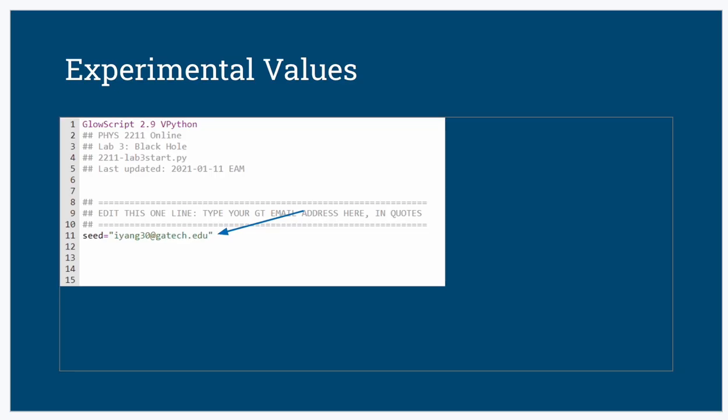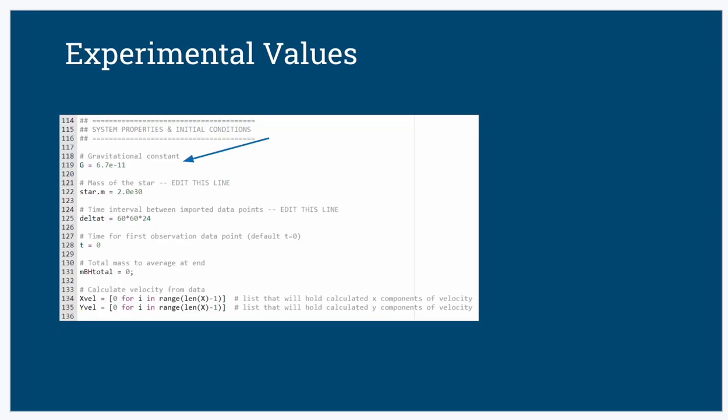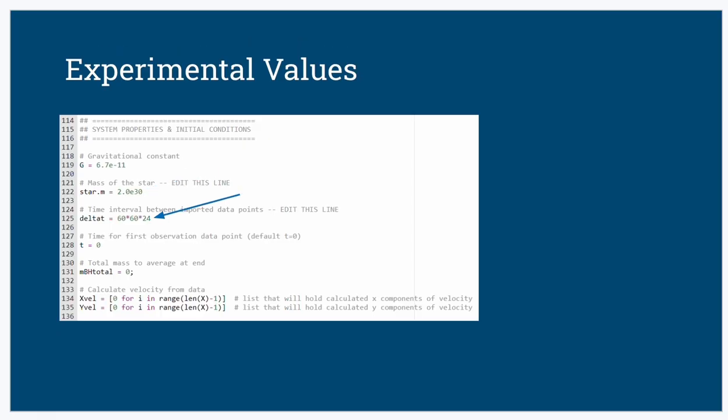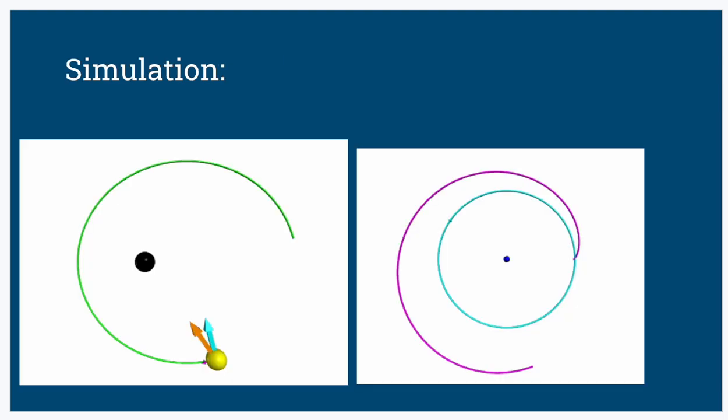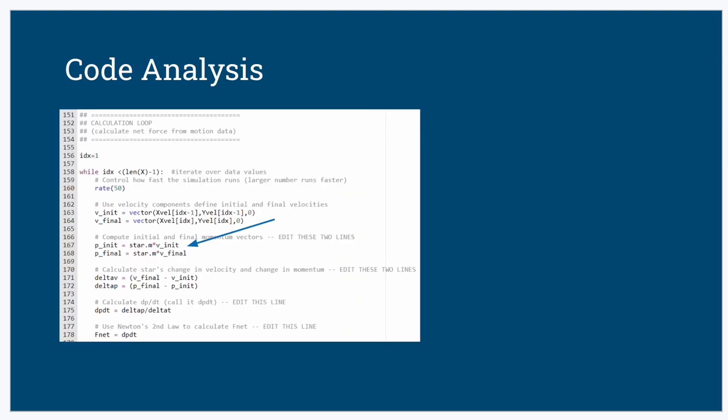So here's pretty much all of our code. Firstly, you set all the constants here. Then we run our simulations. This is for part 1 and part 2. And then we're updating the velocity to get the updated momentum.